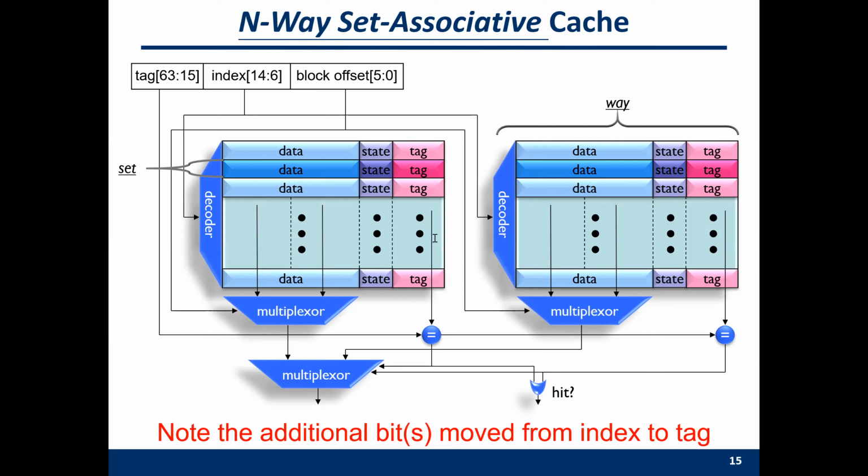We may not have such details in the final examination. But if I give you a cache configuration, for example, you have 4 frames here, and it's a direct map cache, and then I give you a sequence of addresses, can you compute which addresses will hit in the cache?